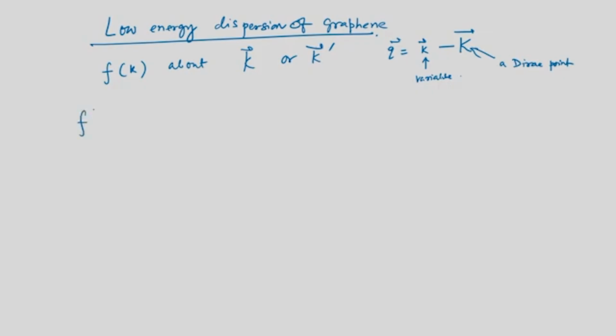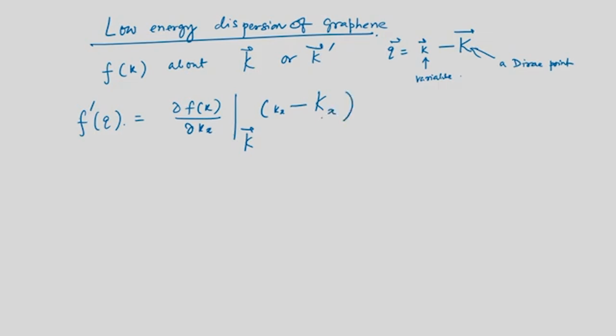So, we write now f of q, and in order to do that, let us take the derivative, that is f prime of q, which is del f of k by del k x at the K point times (k x minus K x).